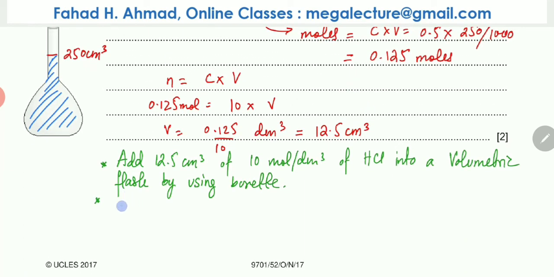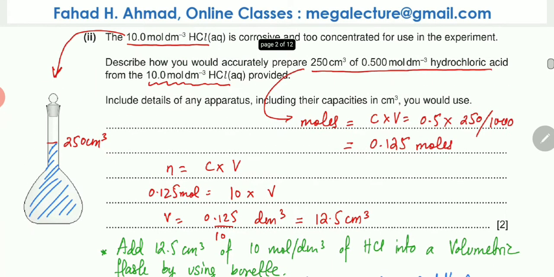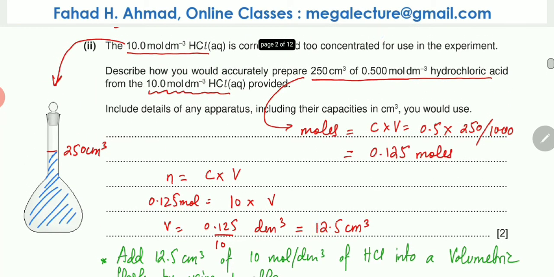So the next step is: fill the volumetric flask by adding distilled water up to the 250 cm cube mark, and your solution would be prepared now. So 2 steps are involved. The first thing was to calculate the amount of moles that you need to make this solution of HCl. You needed 0.125 moles.